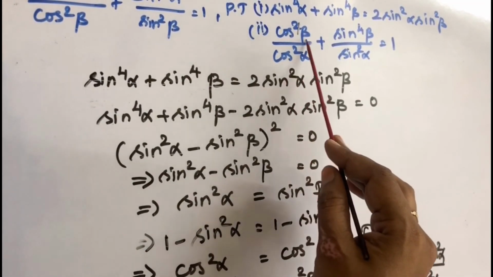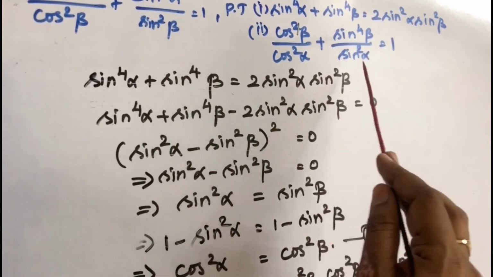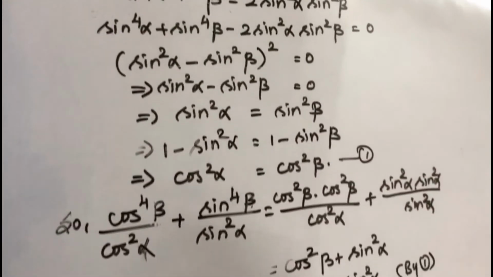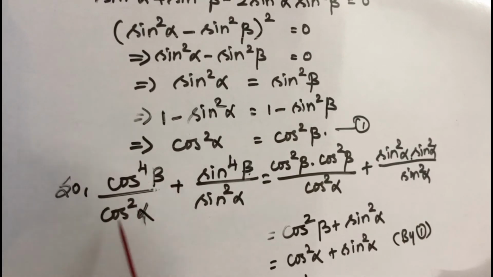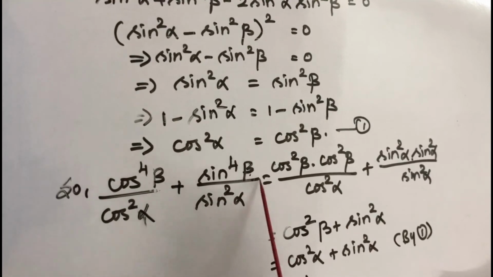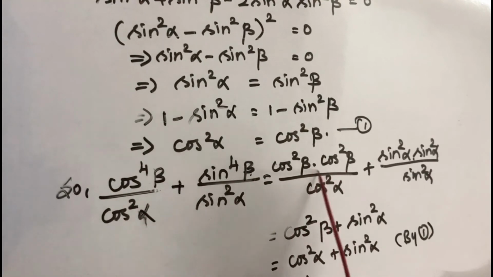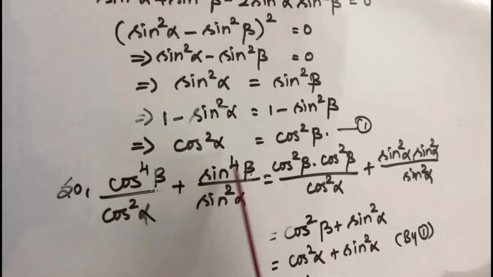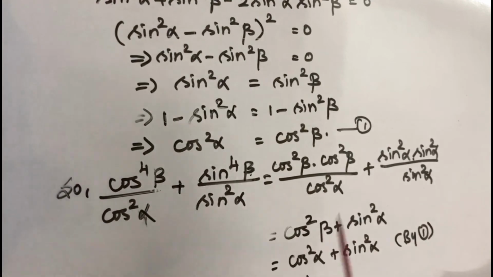Now, what we have to prove? Cos power 4 beta divided by cos square alpha plus sin power 4 beta divided by sin square alpha equal to 1. Cos power 4 beta can be written as cos square beta into cos square beta, plus sin power 4 beta can be written as sin square alpha into sin square alpha, with cos square alpha and sin square alpha in the denominator.